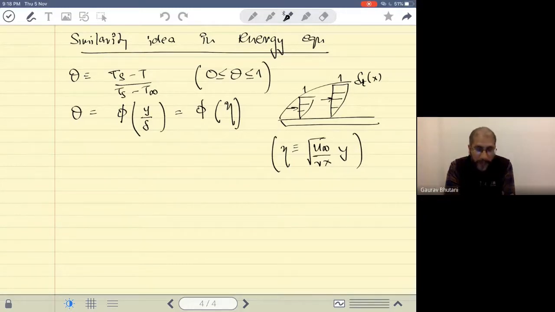And once you do that, since now we have the expressions for u and v, we can substitute that in the energy equation because that expression already is known in terms of f, and then we can solve for theta.